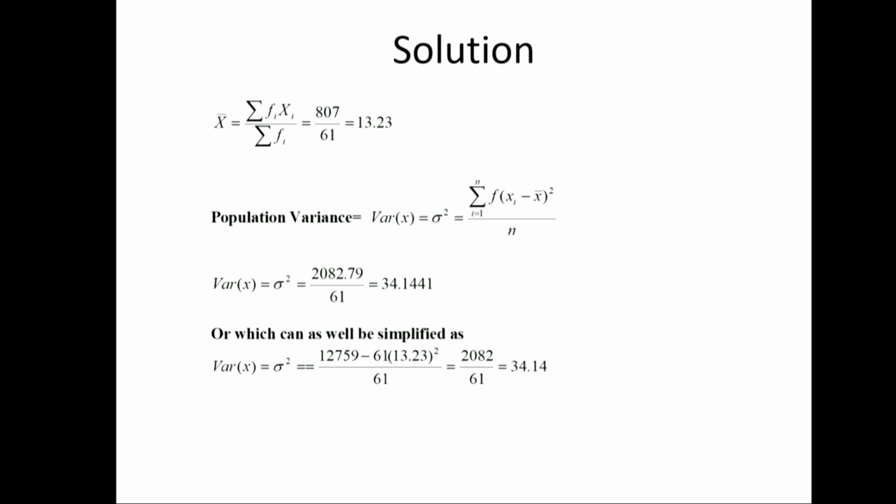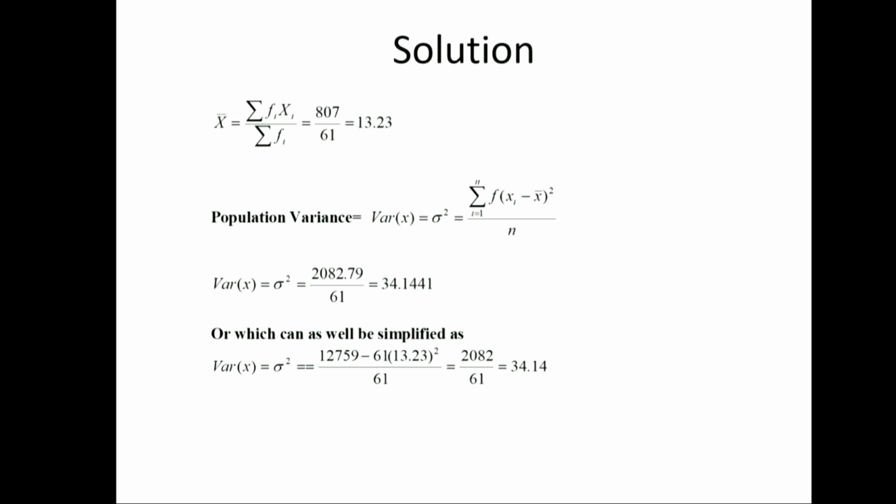So for the population variance now, which we also refer to as sigma square, that is sum of Fi Si minus S bar square divided by N. As we have demonstrated on the table, the sum for that particular F with deviation from the mean, 2082.79, you divide everything by 61, and that will give us 34.1441.